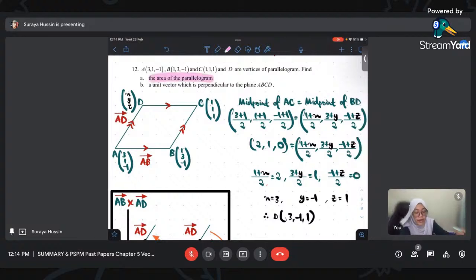So before I go to the area of parallelogram, let's understand that parallelogram have 4 points: point A, point B, point C, and point D. Kalau boleh ikutlah ni, A, B, C, D. Up to you all, asalkan dia berbentuk circle lah, in the same direction. Ikutlah sebenarnya cara lukisan masing-masing. So this is mine, alright.